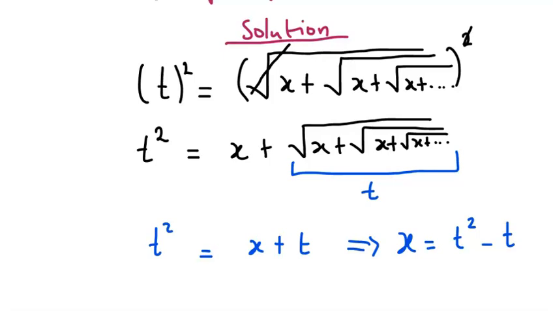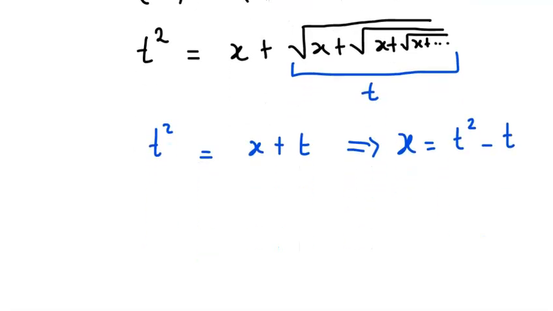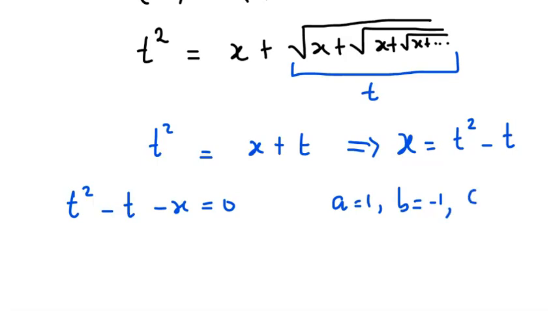But we need to solve for t, right? So let us solve for t. To solve for t, we derive the following equation: t squared minus t minus x is equal to 0, which is a quadratic equation where a is equal to 1, b is equal to -1, and c is equal to -x.